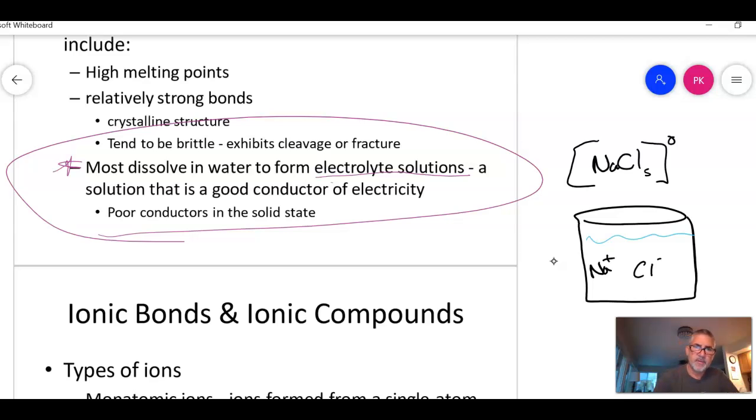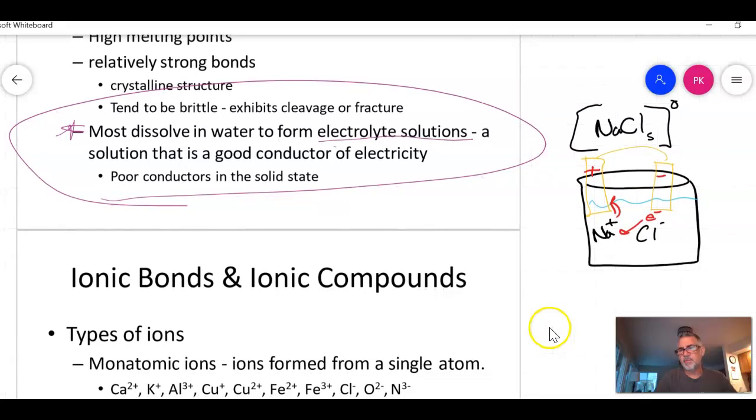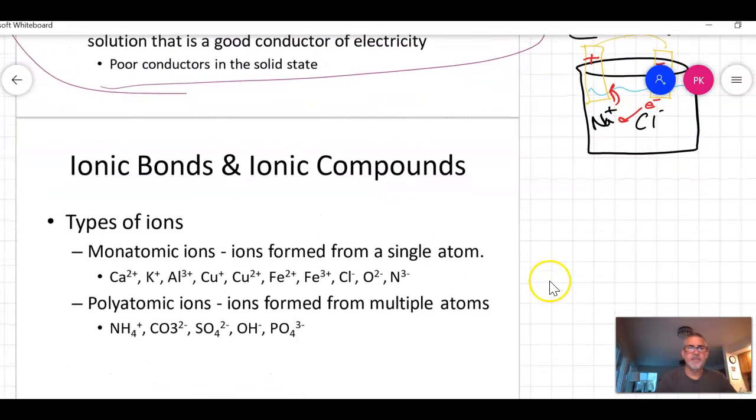If I stuck pieces of metal in here and connected them with a wire, one of those metals would have a positive and a negative charge, and the electrons flowing from the negative to the positive would latch onto a sodium that would carry that charge over. So that's what an electrolyte is: a solution with charged compounds that can conduct electricity.